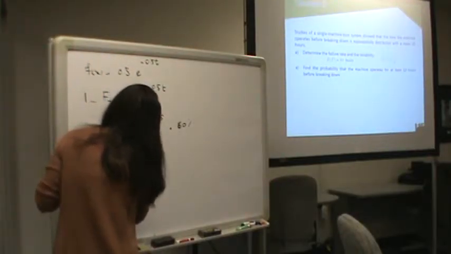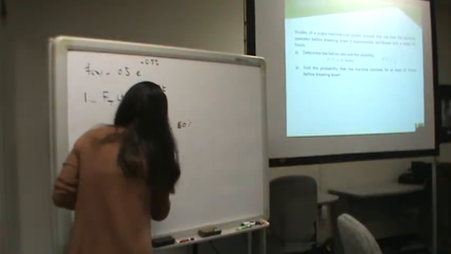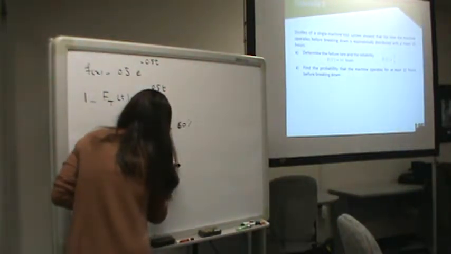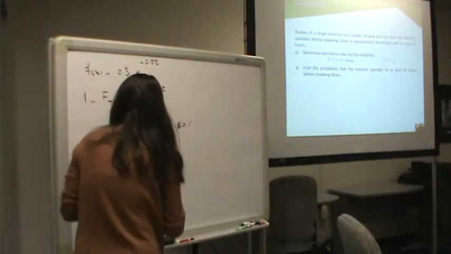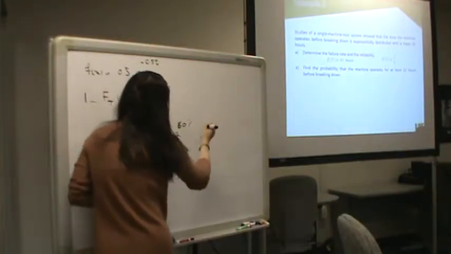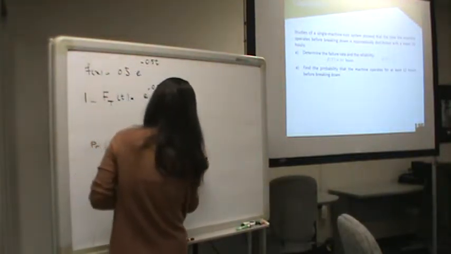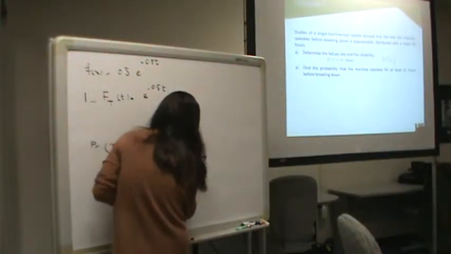Greater than, because it's saying at least 12 hours. And here we can write 1 minus the distribution from 0 to 12, with lambda 0.1.